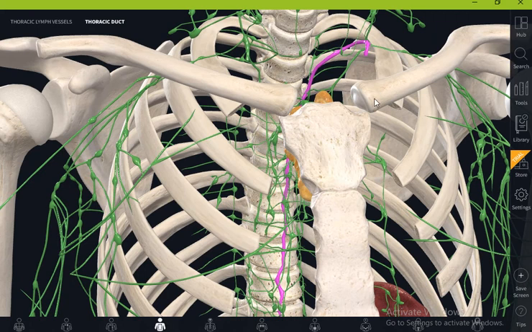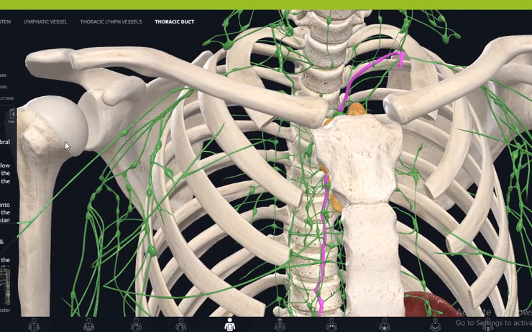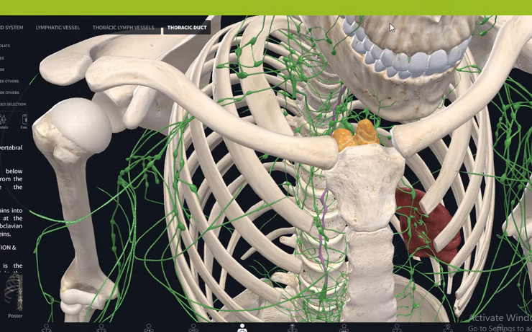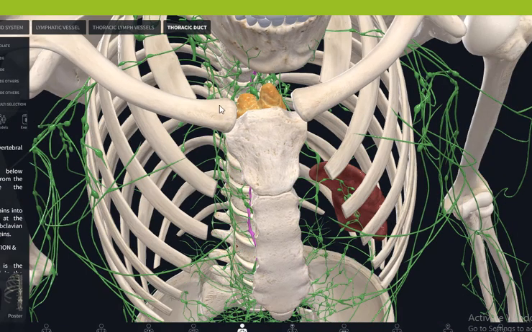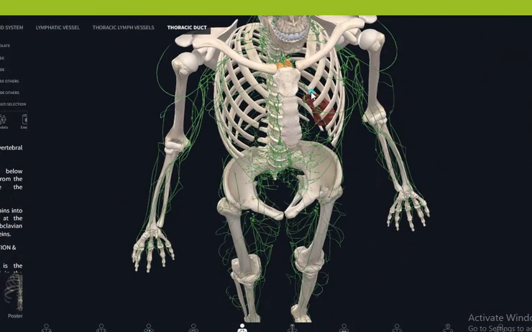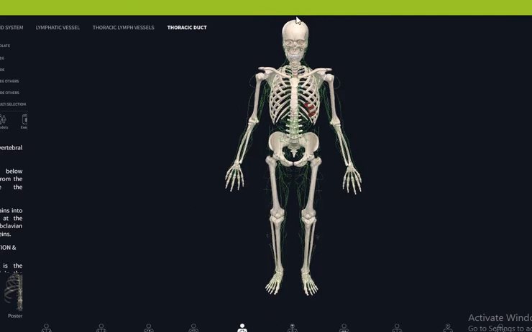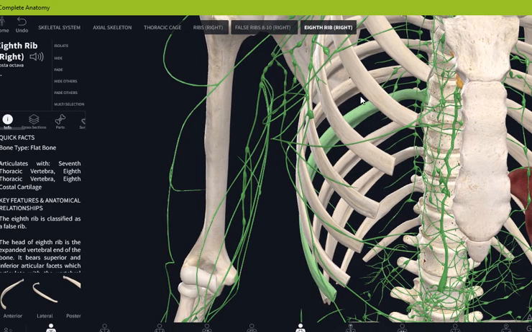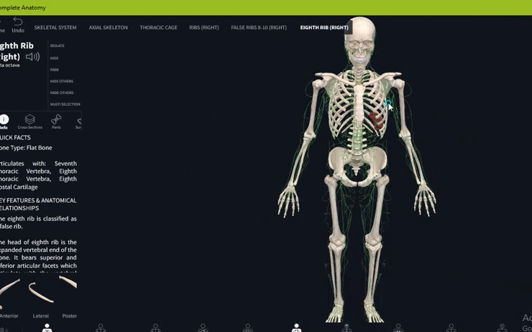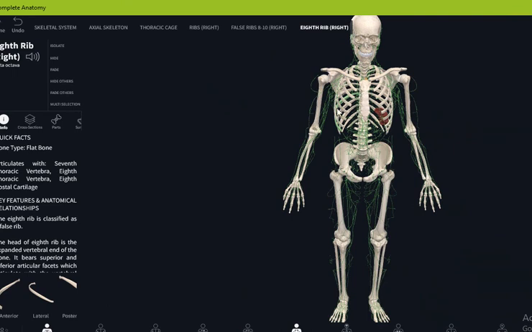The right lymphatic duct only takes from the right upper limb and also the upper half of the axial skeleton. So all this portion and the upper limb are going to be draining into the right lymphatic duct, and the rest is going to be draining into the thoracic duct.